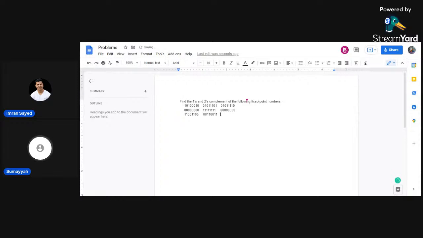Then for two's complement, it will be 1. Let me start from here. So the 1 will stay the same, and then all the digits before it will be reversed. Oh wait, sorry, I was looking at the ones complement.